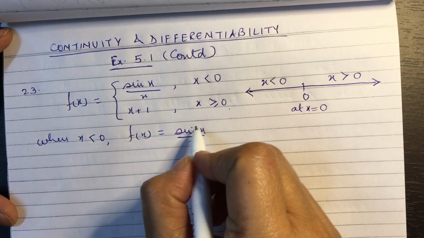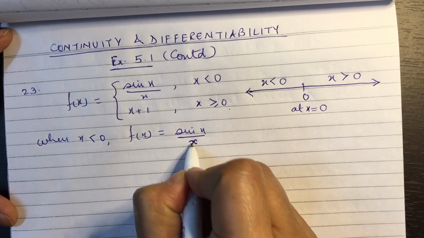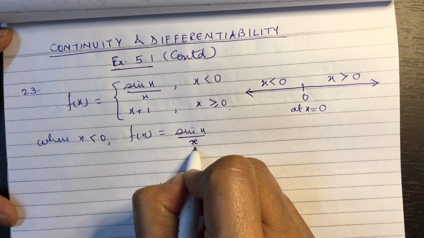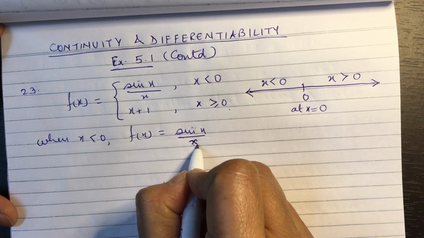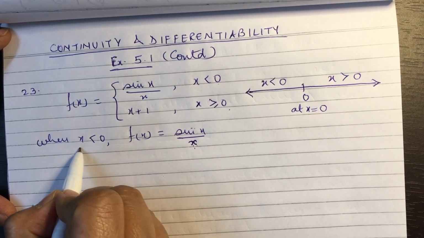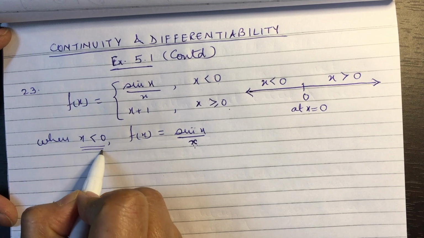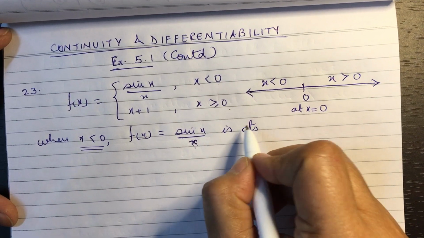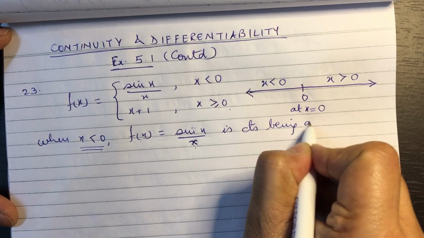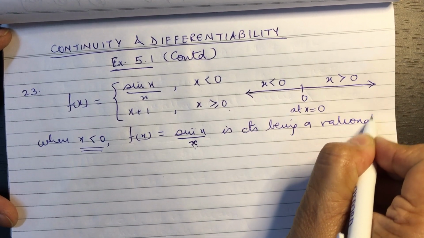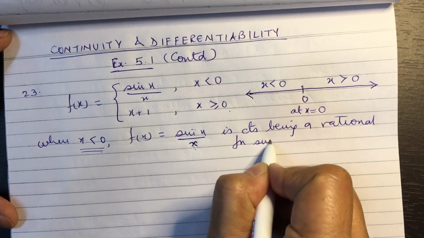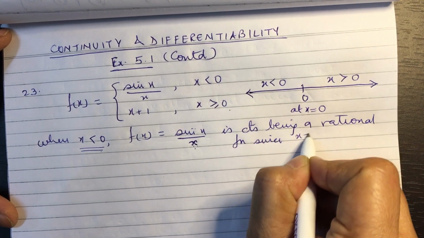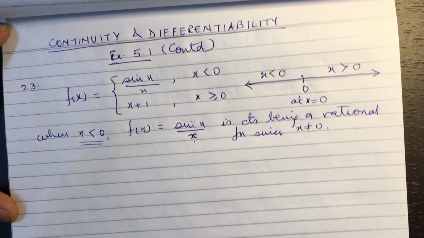Here it is defined at all points except at x equal to 0, but here we are checking at x less than 0. So this is continuous, being a rational function since x is not equal to 0.